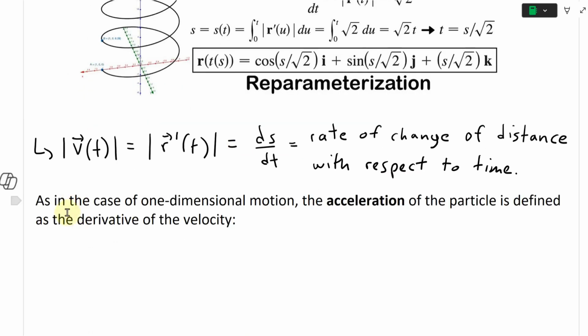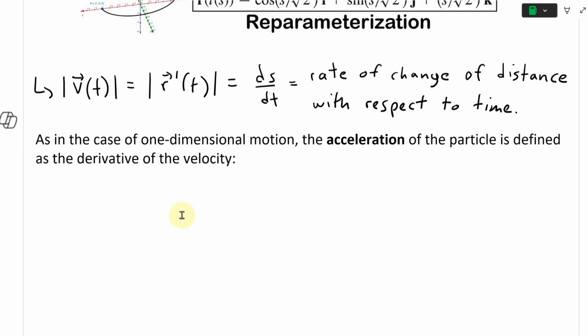All right, and just as in the case of one-dimensional motion, the acceleration of the particle is defined as the derivative of the velocity. So to get the acceleration, it's just going to be the a vector, that acceleration vector. This just equals the derivative v prime. So the derivative of the v vector with respect to time.